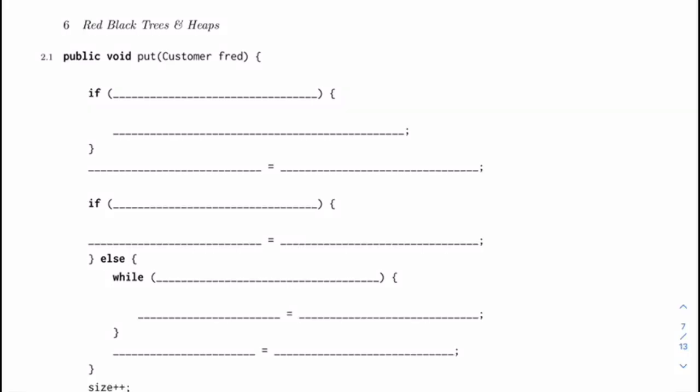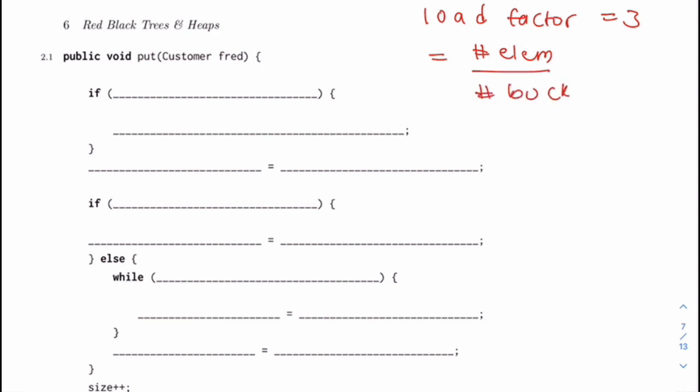So before we actually start putting things into our hash table, we need to take a look at the load factor, and we need to see if putting Fred is going to cause us to meet or exceed that threshold. So remember, they told us to assume a load factor of 3. And remember that a load factor is defined to be the number of elements divided by the number of buckets. Okay?